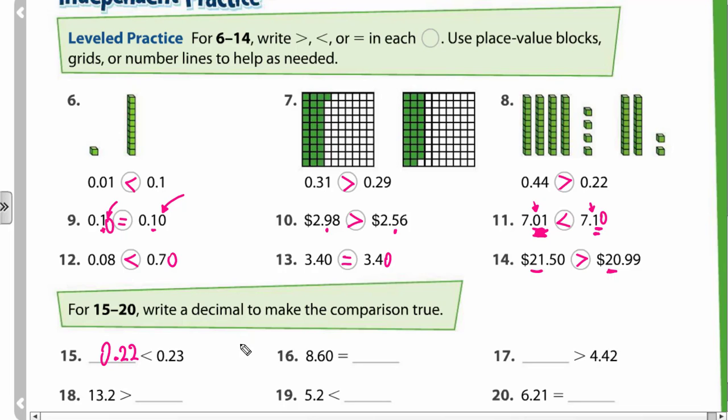These all are correct answers. So any correct answer, you can write it here. You should write any decimal less than 23 hundredths.